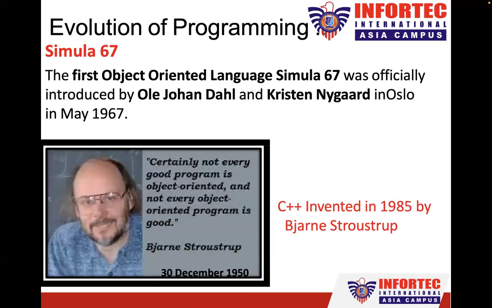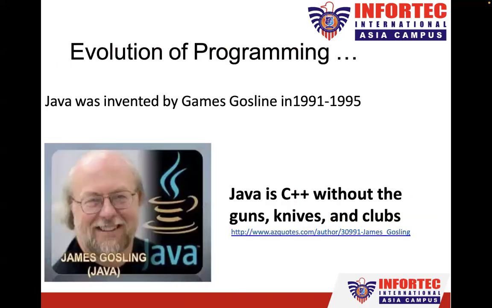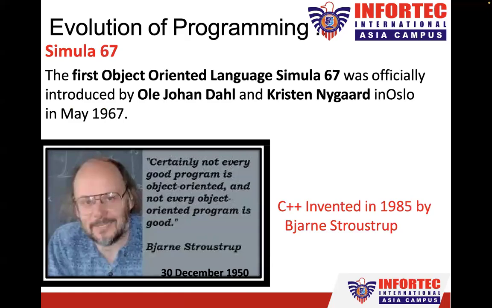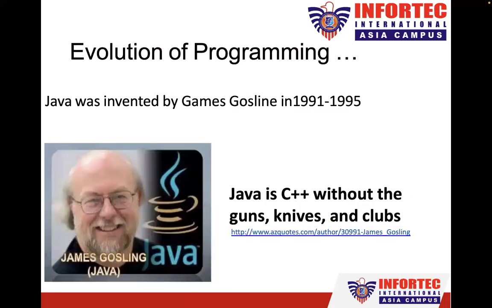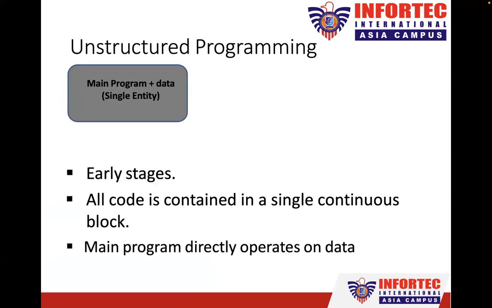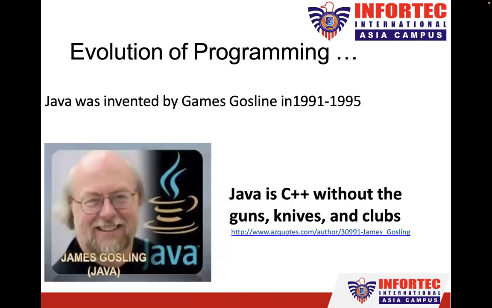And then C++ was invented in 1985 by this person. And then Java came to the world. Java was invented by James Gosling in 1991. So this is the person who introduced Java to the world. The person's name is James Gosling.